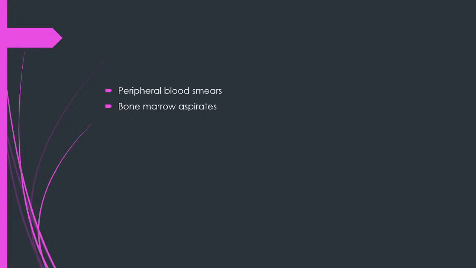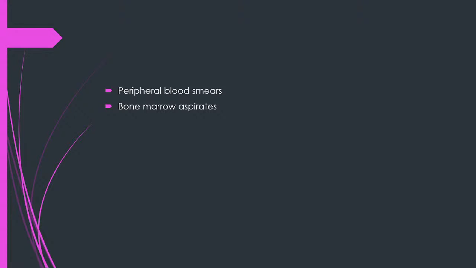When I say a critical result, it's a result that can cause harm to a patient if it isn't reported immediately. Another term for a critical result is a panic result. So a panic result and a critical result are results that need to be reported immediately. Otherwise, a patient's life might be in danger.